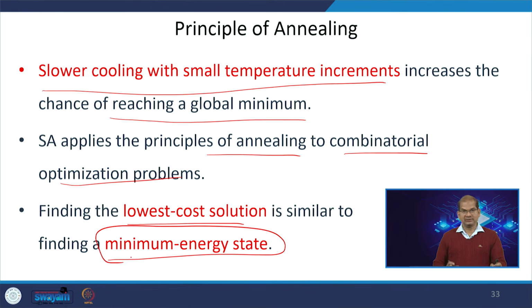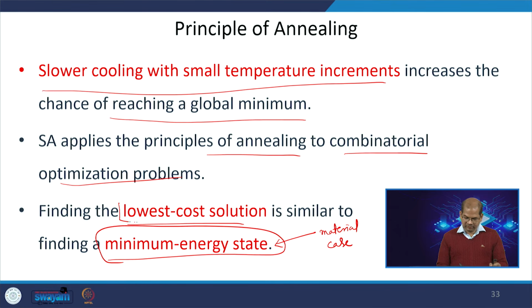The most interesting point here is that whenever you heat the material to a high energy state and then reduce the temperature gradually, the atoms in the material cool down and come to the minimum energy state. So that is for the material case.